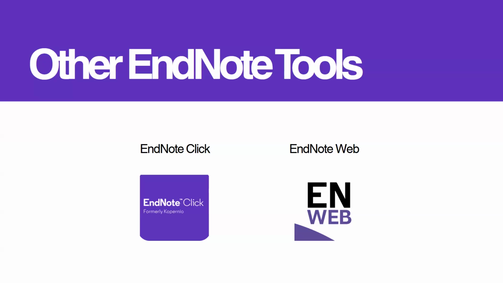But at this current moment in time, we are primarily focusing on EndNote Desktop. Just know that these exist, and you can look into these tools if you are interested in either of those things. So actually, now I'm going to turn the time over to Hector, and he is going to demo some basic EndNote functions for us.